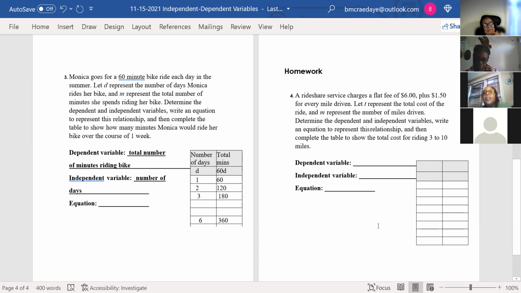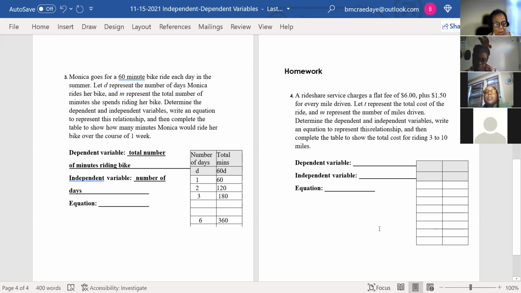You missed the dependent and independent ones. Actually, I'll send you a text to redo those two you missed, and you can send me the answers again. Okay, all right.